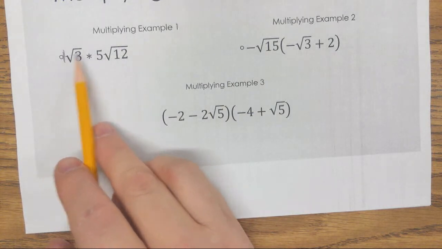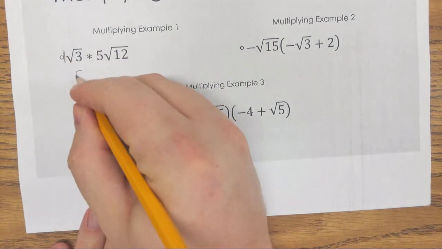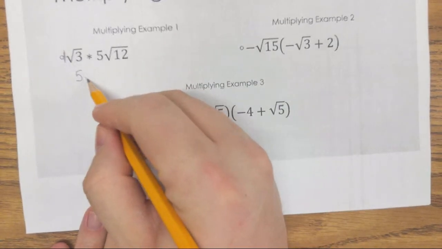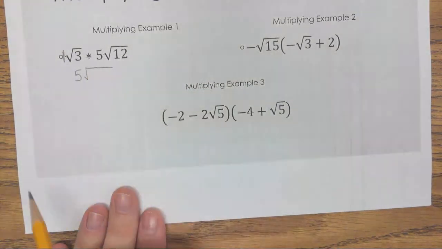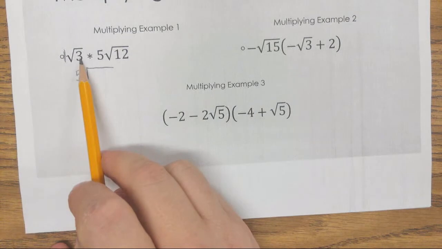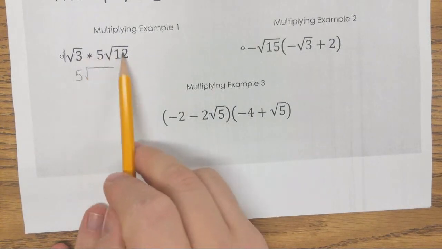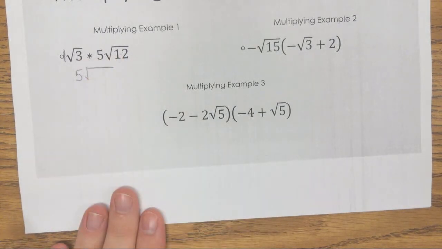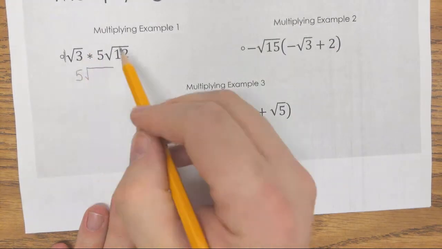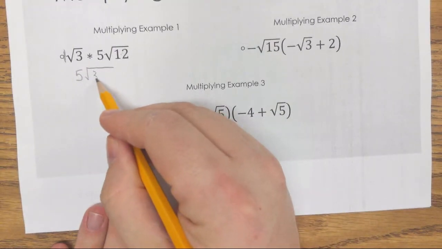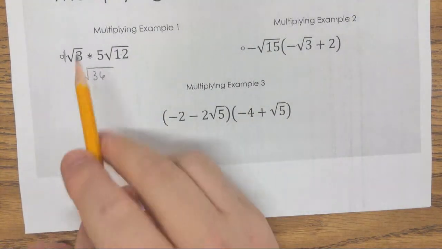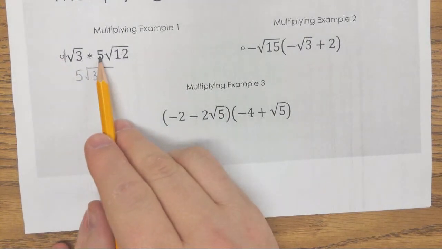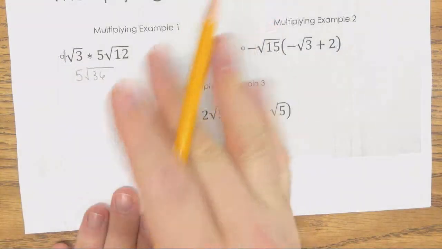So I get 1 times 5, that's going to be 5. Then what I'm going to do is take the numbers underneath and multiply those together. So I do 3 times 12. That's 36. Do not multiply the 3 times the 5 or the 12 times the 1 or anything like that.